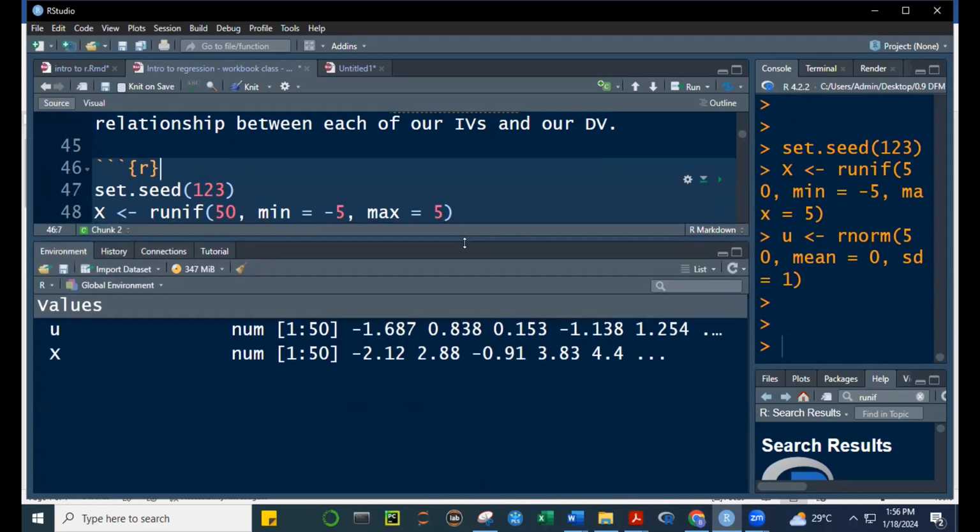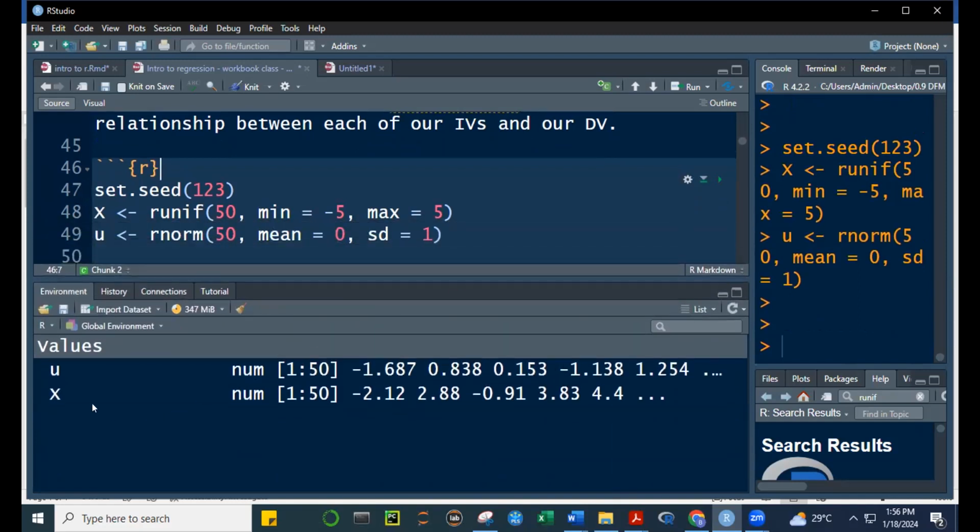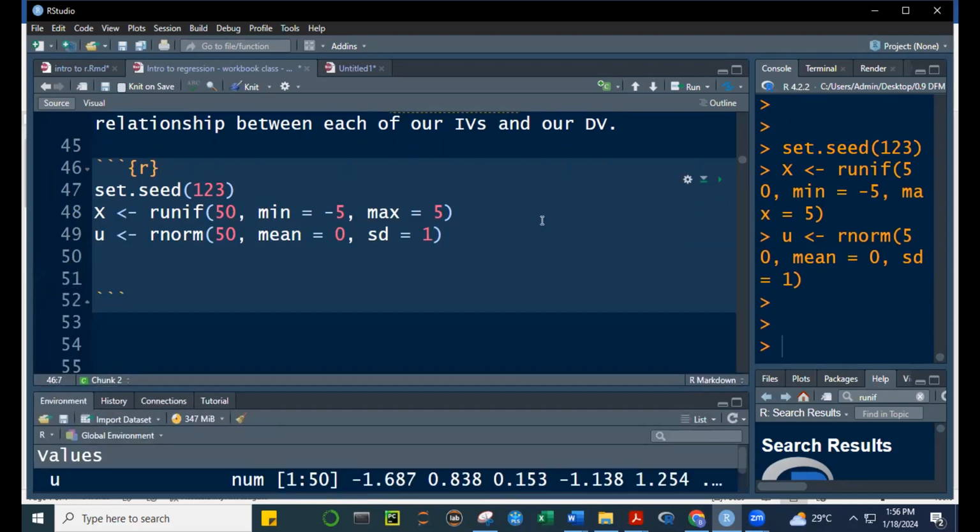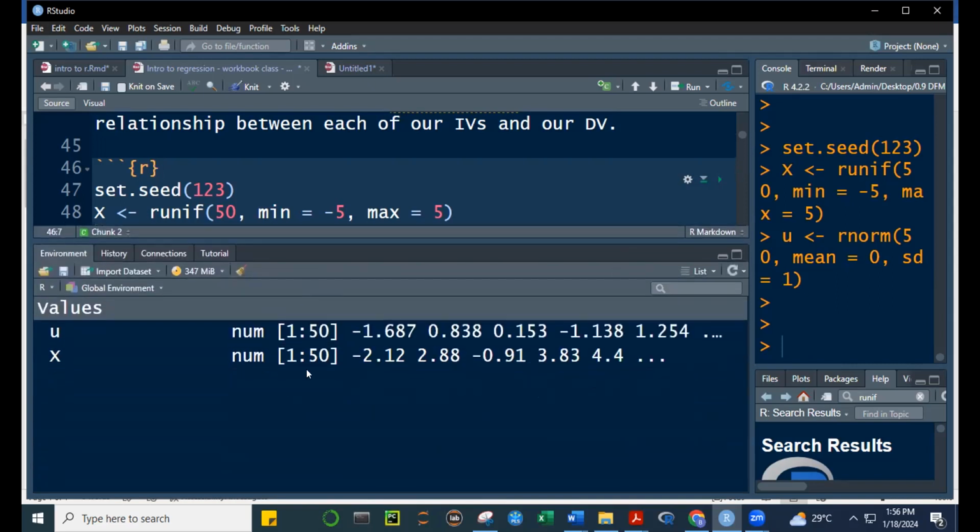So I ran this, class, and you notice that it created this object X and this object U. What type of objects are these, class? Those are my questions in the exam, class, because it's related to the video that I was asking you to watch. What is this object? What data structure does this have?